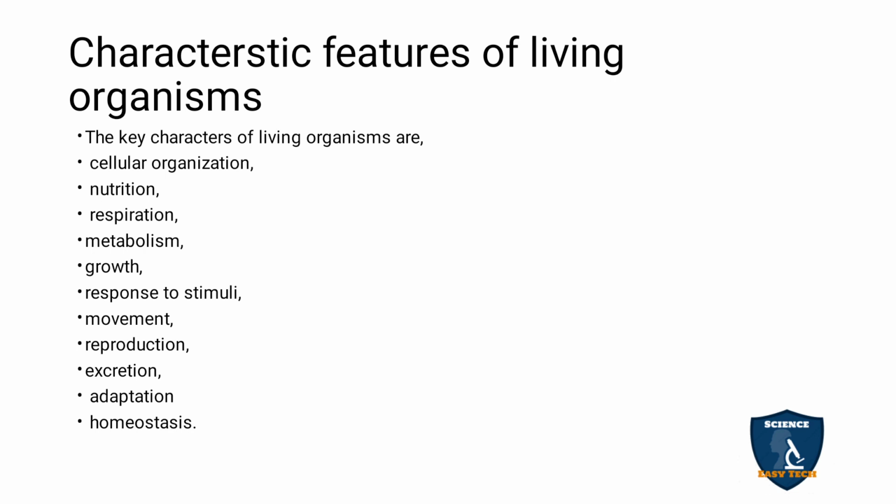Respiration, anaerobic and aerobic. Metabolism, that is digestion and circulation, comes under metabolism. Growth: a plant or animal will grow and attain an age. After the life cycle completes, death will occur.